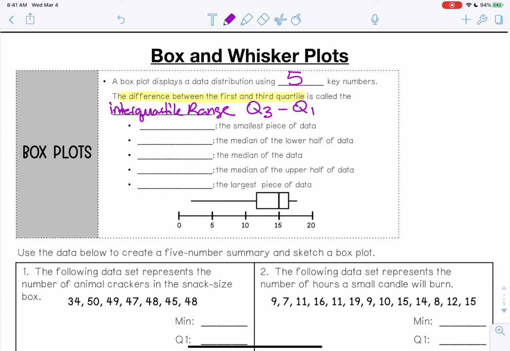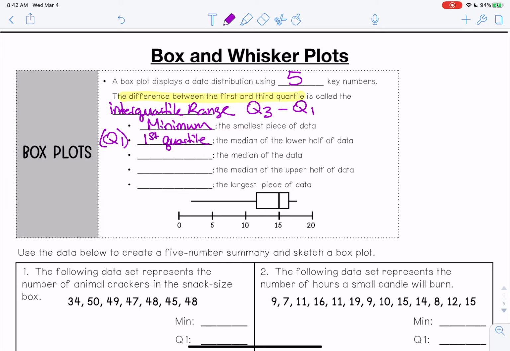So here are our 5 data points. The smallest piece of data is called the minimum. Okay. The median of the lower half of the data is your first quartile, which is our Q1, okay?